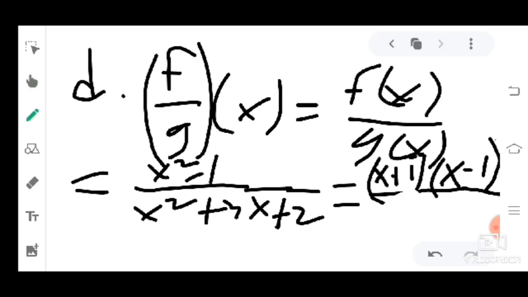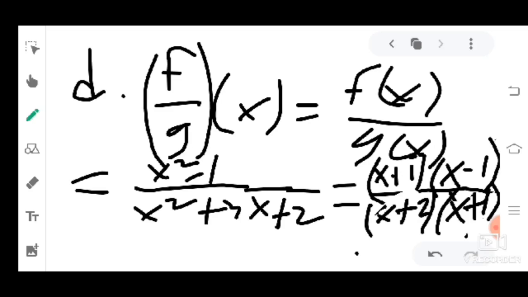Yes, it's correct. So the factors are x plus 2 and x plus 1.